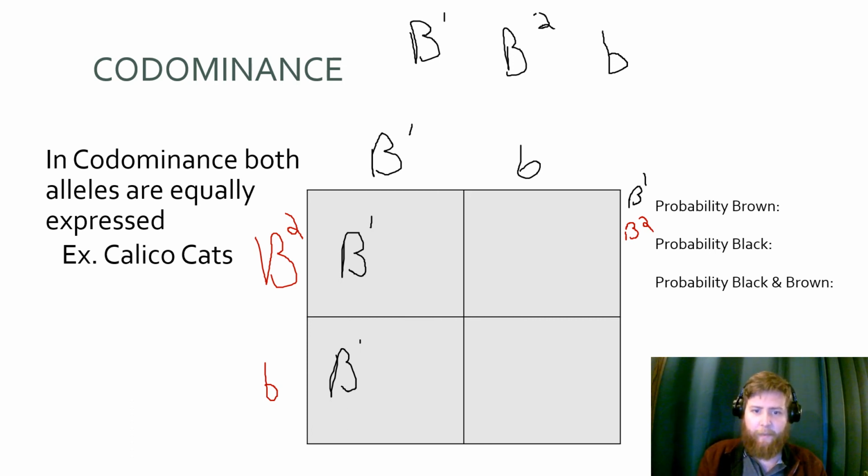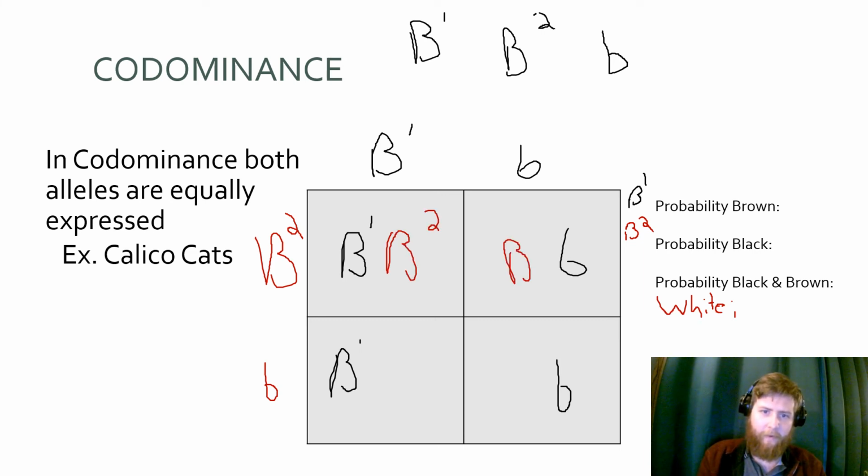And then I'm gonna write in white here, just in case we get any whites. This is when it starts to get a little hectic on Punnett squares. All right, we'll carry this little b down. We'll carry this black one over, B2, and we'll carry this white allele over, the little b.